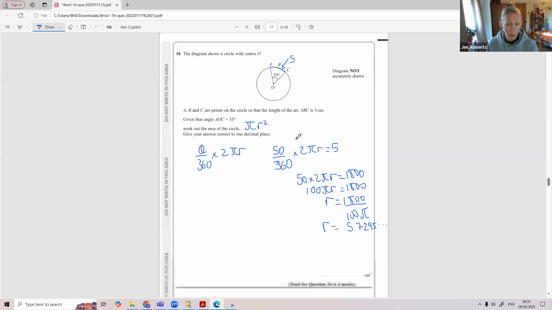Work that out again. No, it's 50. It's not right. I wonder why I got a slightly different answer. It's 55. Right. You probably did notice that. I'm thinking, why on earth has she put 50? And solve that quite easily.